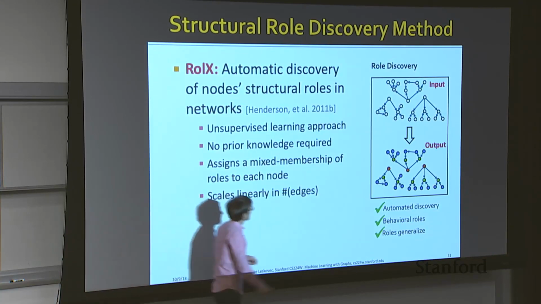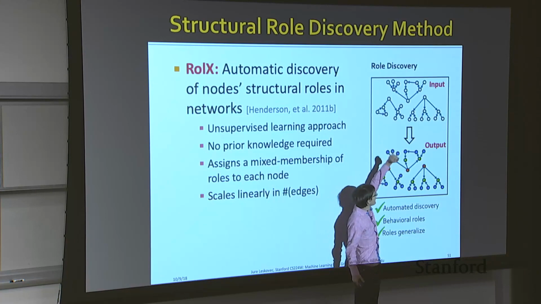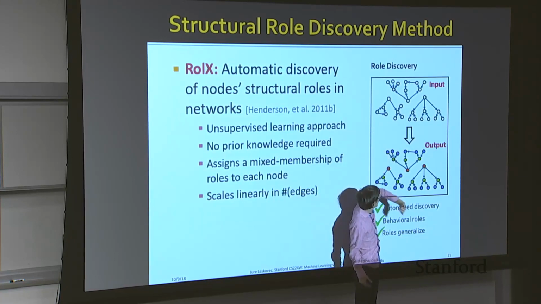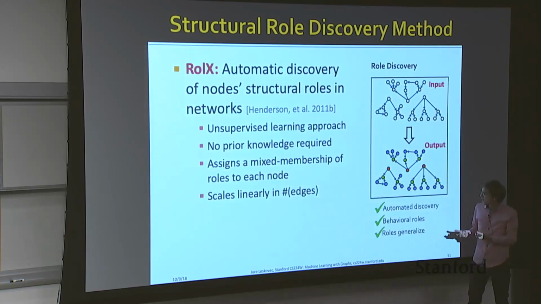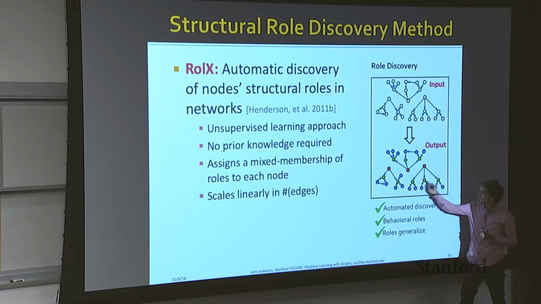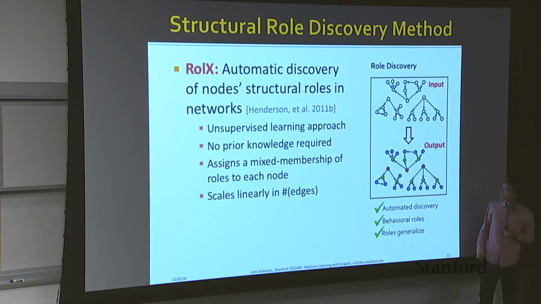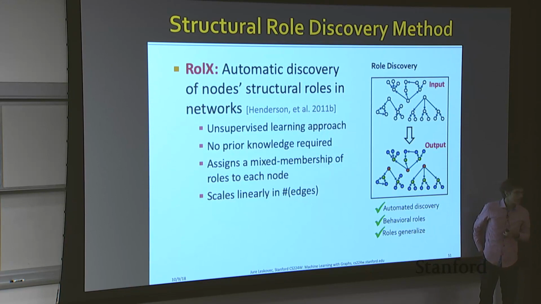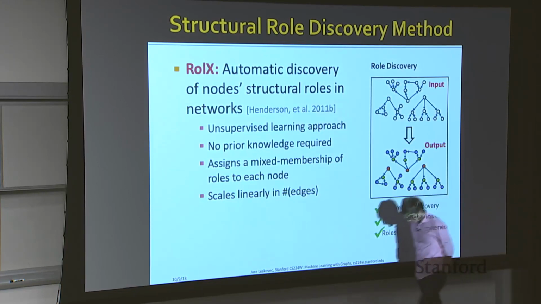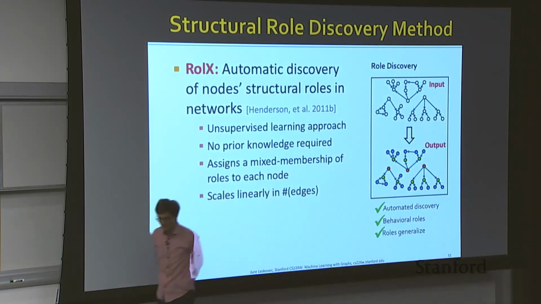The idea is that on the input we will have a graph or a set of graphs. And on the output, we will identify the roles and we will assign nodes to those roles. Here, roles are indicated with colors. Okay? So that's essentially the idea.